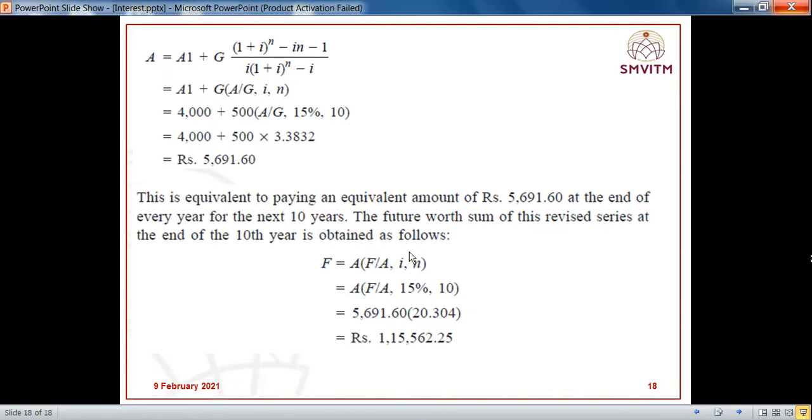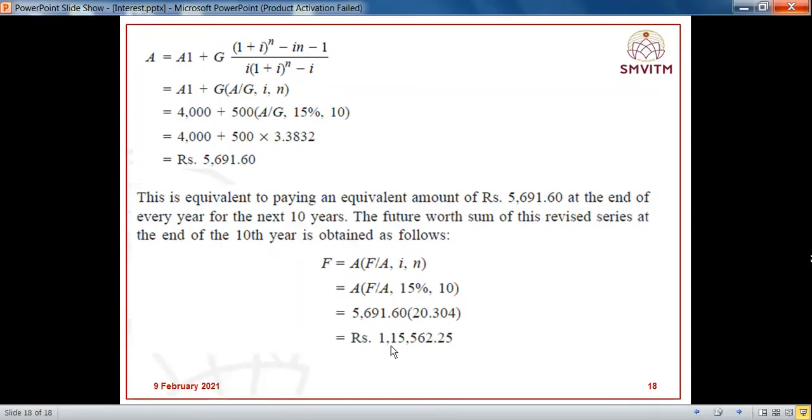Then you can calculate the future value. Using the uniform series future value, F equal to A into (F by A, 15%, 10), where 10 is the number of years, the future value is 1,15,562.25 at the end of the 10th year.